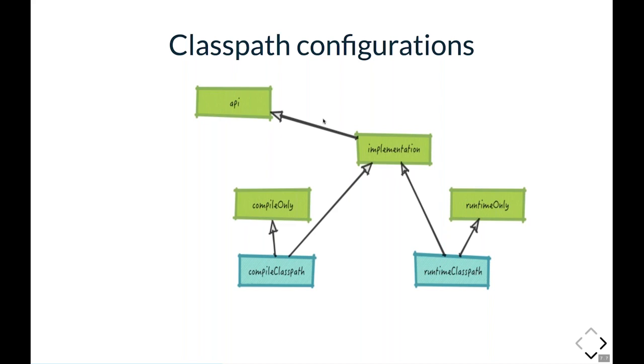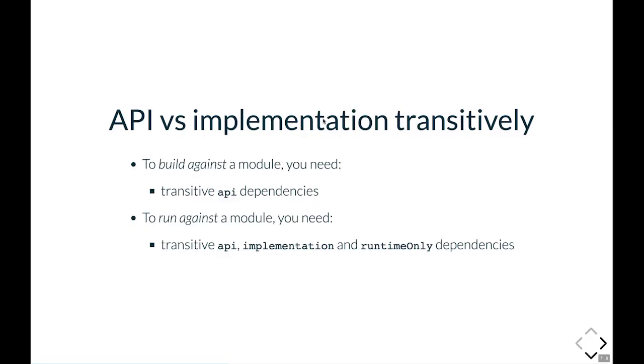That means that dependencies declared in API, implementation, or runtime only will be part of the runtime class path. However, there is no way a compile-only dependency goes to the runtime class path, or vice versa, a runtime-only dependency goes to the compile class path. So that gives us an idea already that Gradle will use configurations in order to perform actions on the project I'm talking about. But it doesn't stop there.